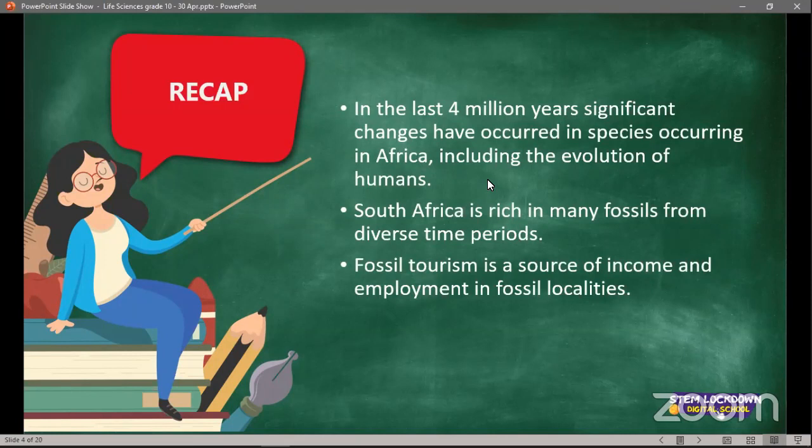We also talked about dinosaurs that existed in the southern part of Africa, such as the Euskelosaurus. Yesterday I had a bit of a tongue twister trying to pronounce that word, but it is the Euskelosaurus, and it was found in South Africa, some in Lesotho, and other neighboring countries.